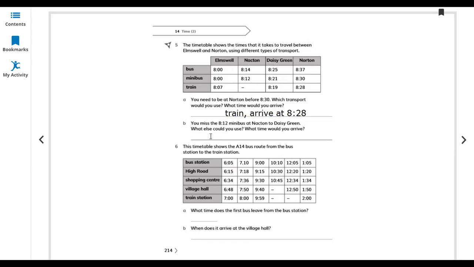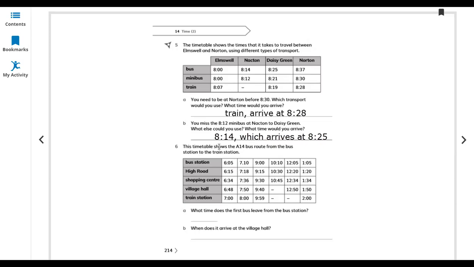So the better option is 8:14, which arrives at 8:25.